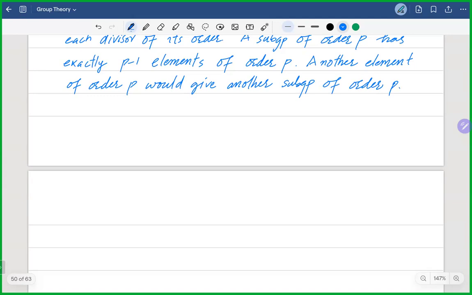And that's why the group can't be cyclic. Right?